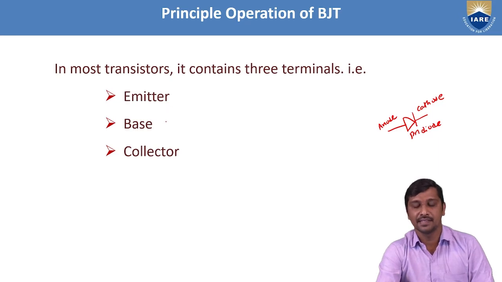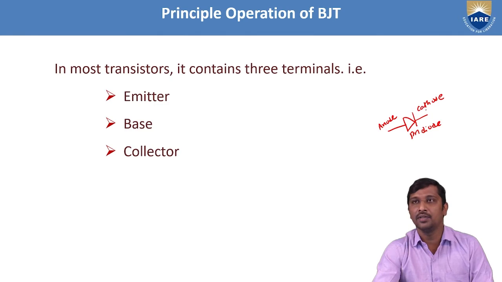Similarly, the PN diode contains only two electrodes, anode and cathode, but here the electrodes are represented as terminals: emitter terminal, base terminal, and collector terminal. Now we'll see the functioning of each terminal: what is the function of the emitter, the base, and the collector.